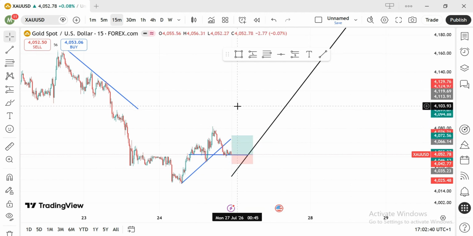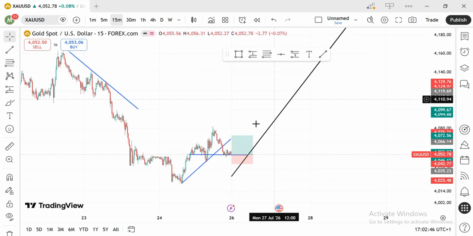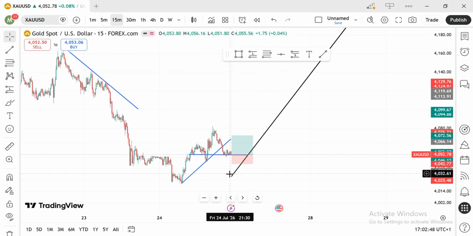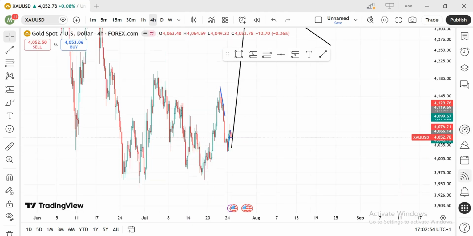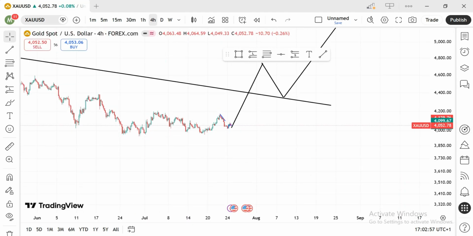The reason we are entering a buy is because the trend is a pullback trend. That's why we are buying at this point. So as you can see, this is a pullback to test the 4-hour trend line and continue, or break out of it, test it and continue. So this is the simple strategy.